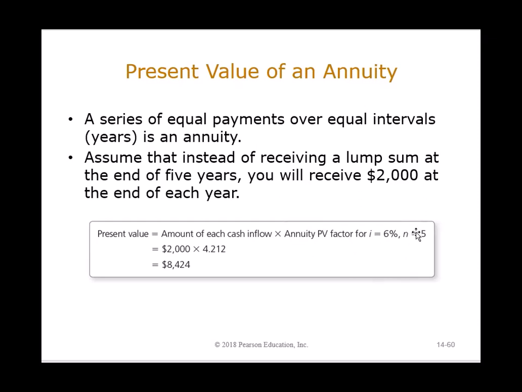You're going to go down to the row where N equals 5, you're going to scoot over to the column where I is equal to 6%, and you should find this factor of 4.212. We multiply that by our amount, and that gives us the present value of the annuity.